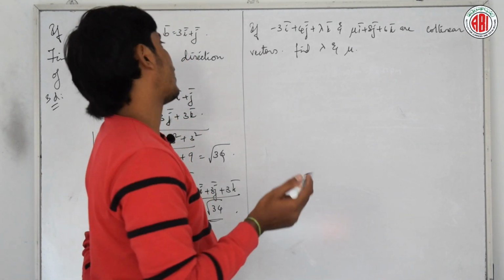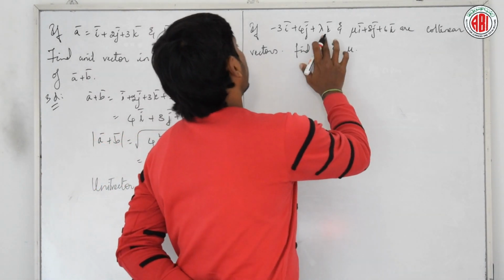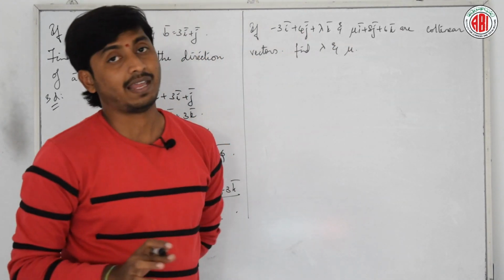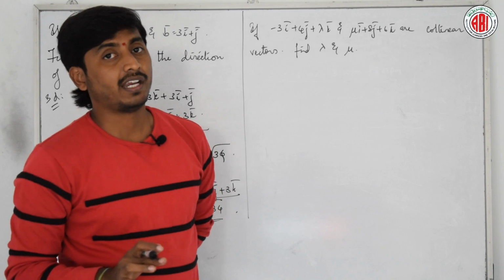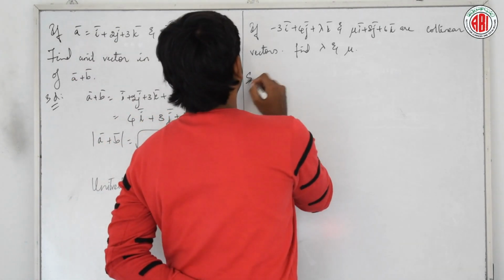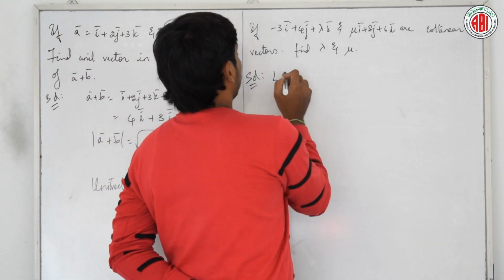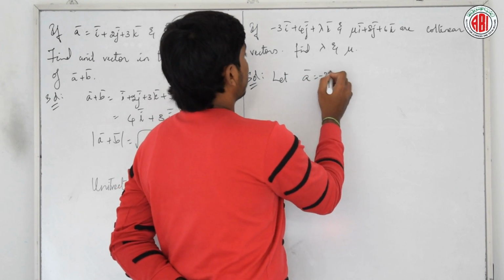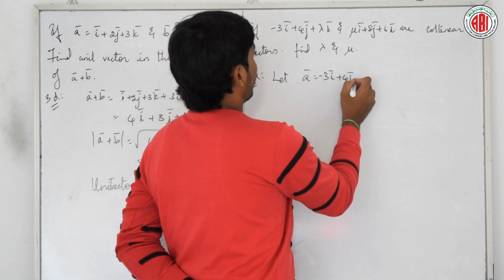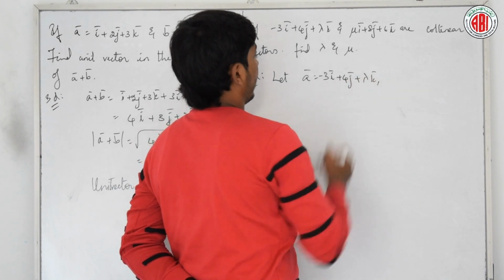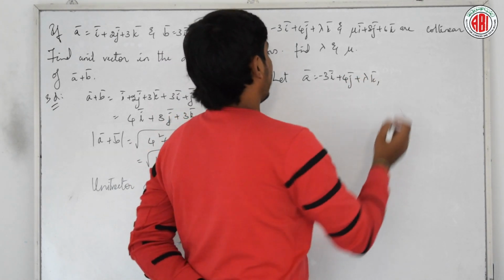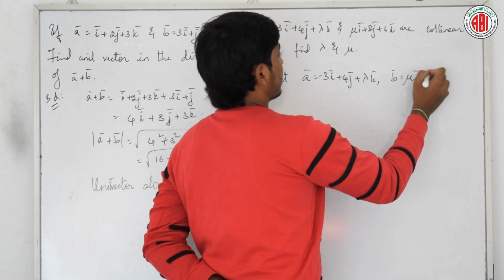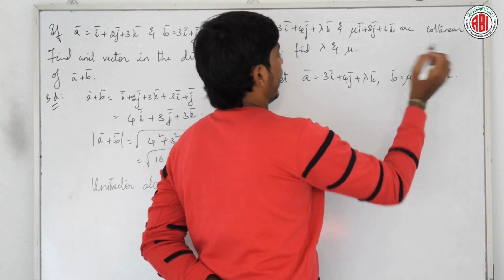Clear? Next, if this vector and this vector are collinear vectors, then he is asking us to find the value of lambda. How do we find it? First, let A be equal to minus 3i plus 4j plus lambda k. And the next, B is equal to mu i plus 8j plus 6k.